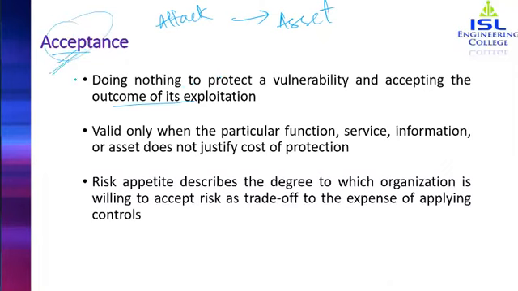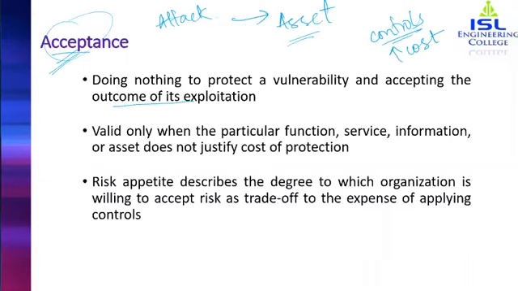Now why are you going to do this acceptance? This acceptance is done so that if you know that this specific asset has got some information, but when you're trying to implement some controls on it, it is increasing your cost, so you just leave it.